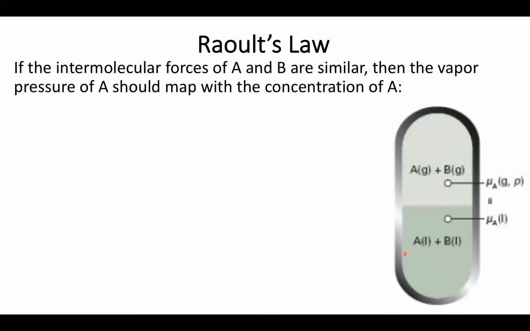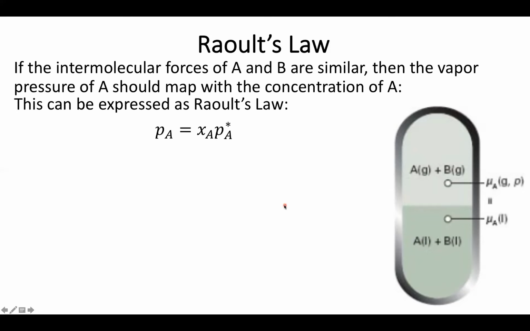One of the first ones that we can often make is if the intermolecular forces of A and B are actually fairly similar, then what this essentially tells me is that if B looks just like A to a molecule of A in the liquid phase, then it's going to behave very similarly.